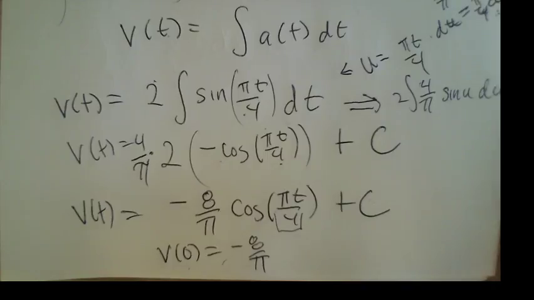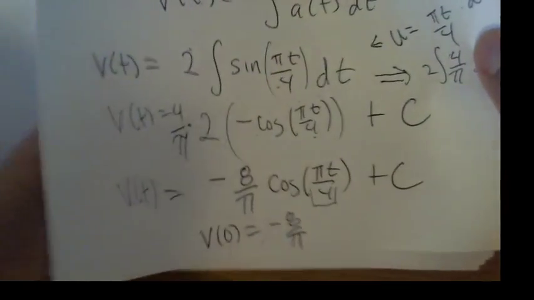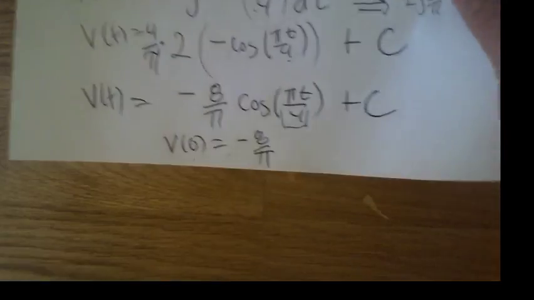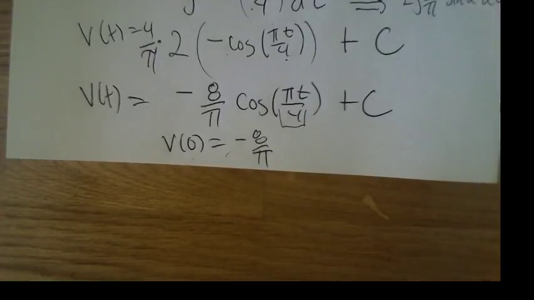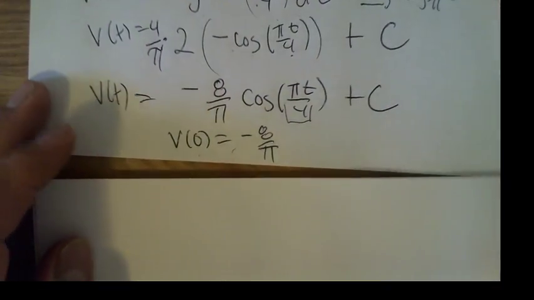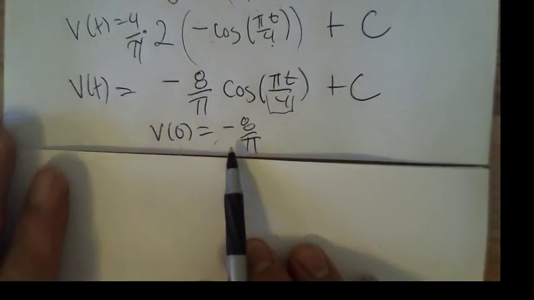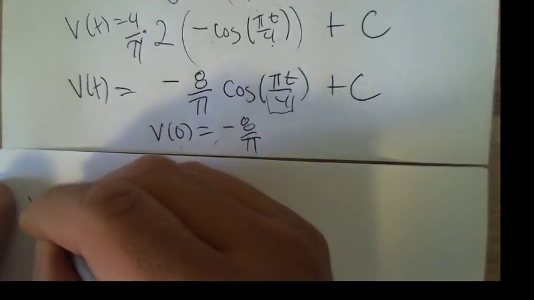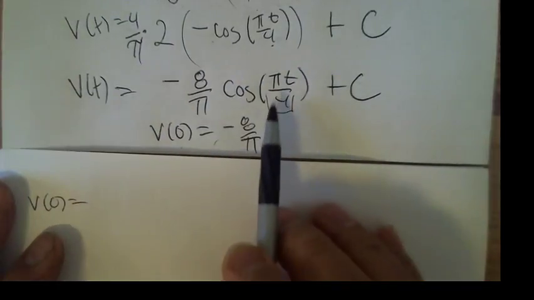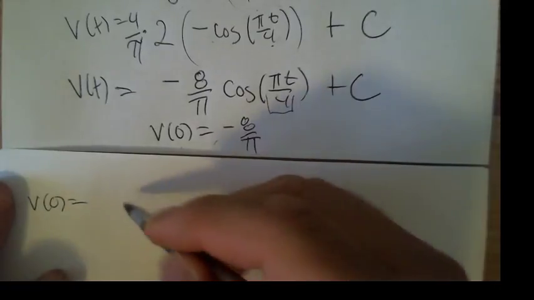All right, so from here, we're going to use the initial condition given to us. That is given. So v of 0 is equal to negative 8 over pi cosine of 0, which is 1.